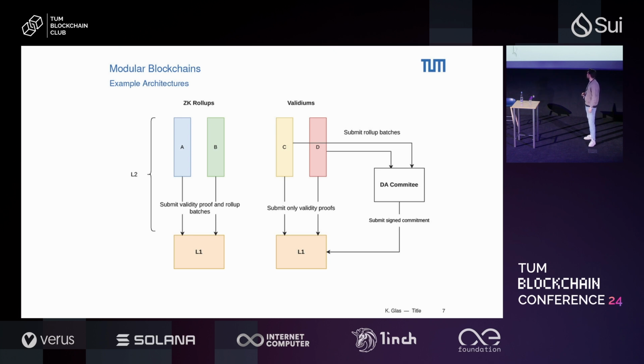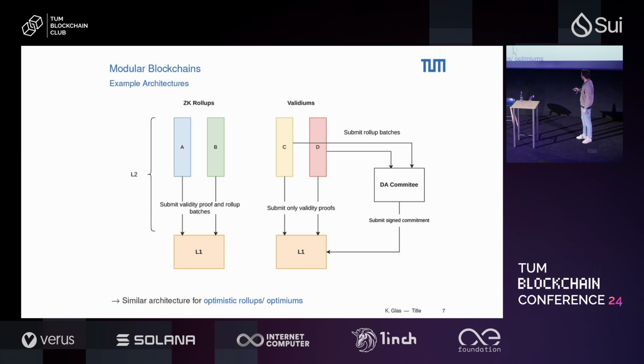This allows us to scale the data availability committee outside of the layer one. There we already see, in this very simple setting, the advantage of modular blockchains. Of course, note that this comes with a security downside, because we have an additional trust assumption in this data availability committee.